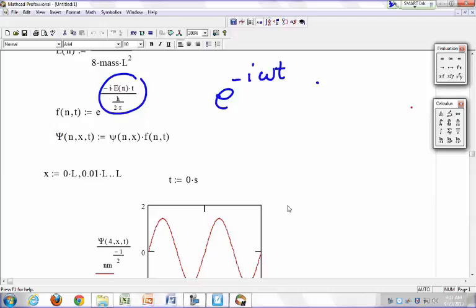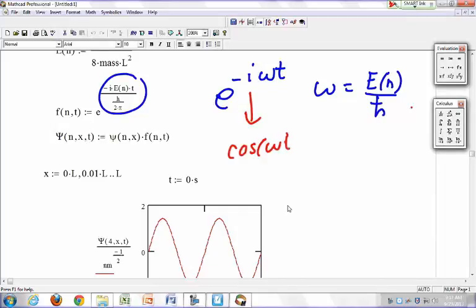Okay, so what's our omega here? E of n over h bar, right? Now, anytime you have something like this, if you remember your Euler formula, this is cosine omega t plus minus I sine omega t, right?